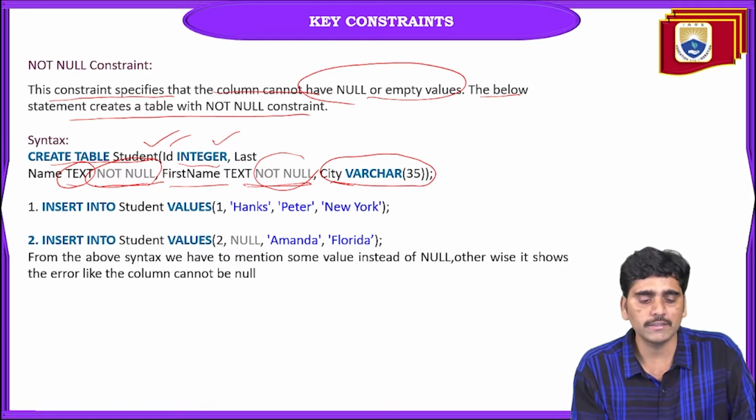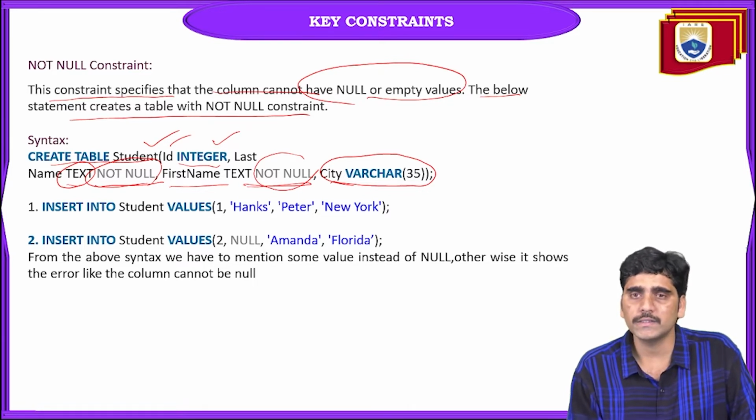The remaining columns, city and ID, are not specified with the not null constraint, so those two columns can have empty values also. But the columns with the not null constraint definitely should have some values.